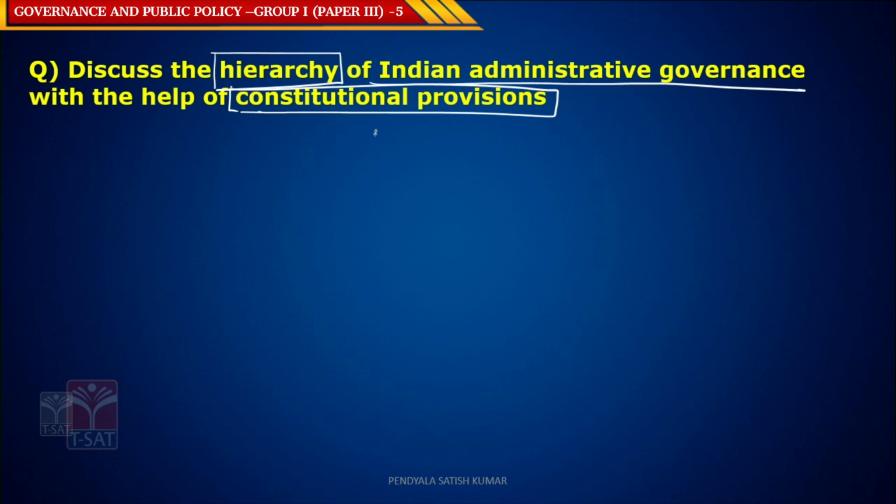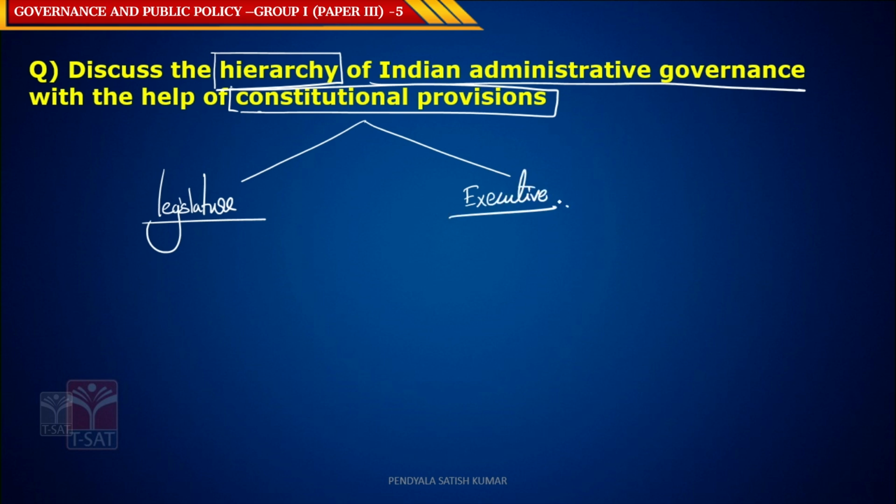So, we need to decode two things, the Indian legislature and executive. The executive is divided into the political executive and the general executive, the permanent executive.